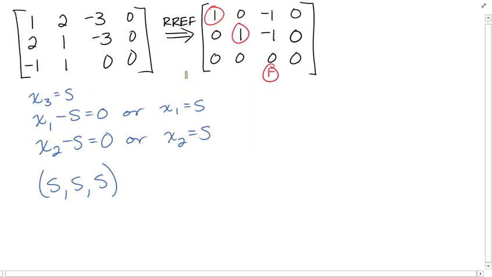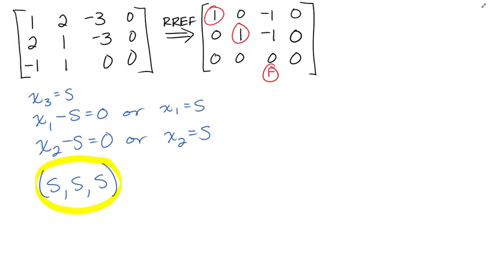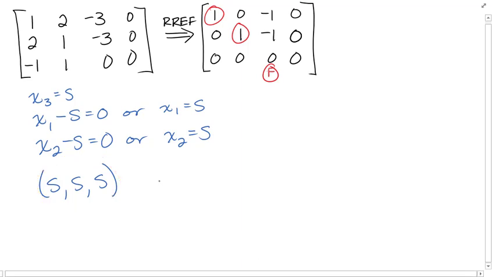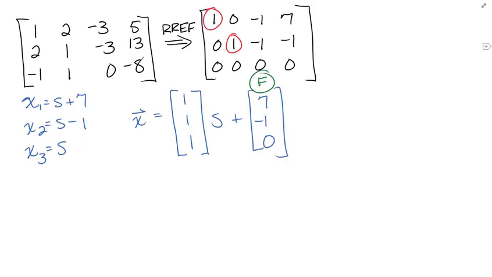Notice those are all the same, right? That's what we had, and we've got a solution equal to 0. But look at our solution. Our solution is S, S, S, or if we wanted to write that in parametric form, it would be 1, 1, 1 times S. And we've seen that before, right?